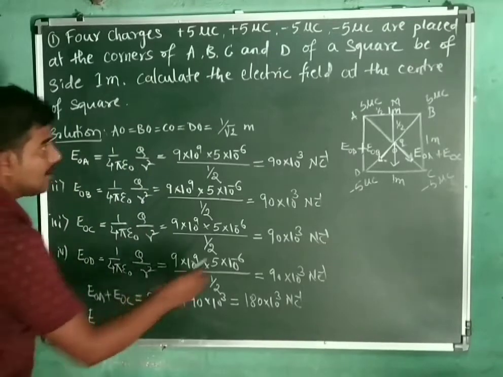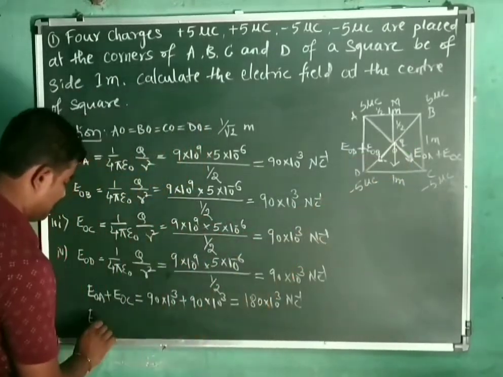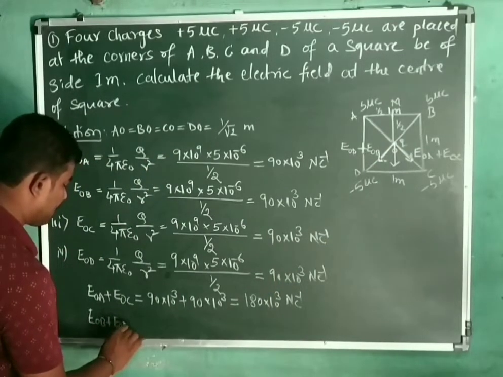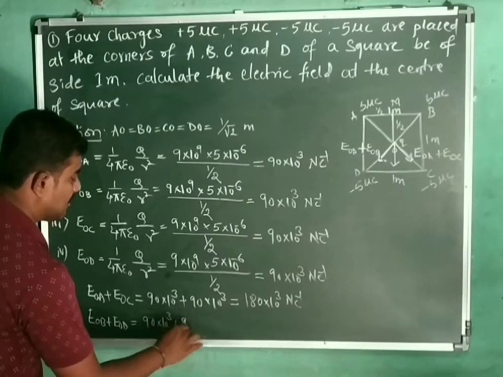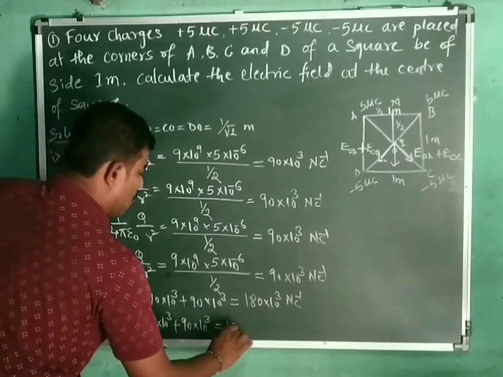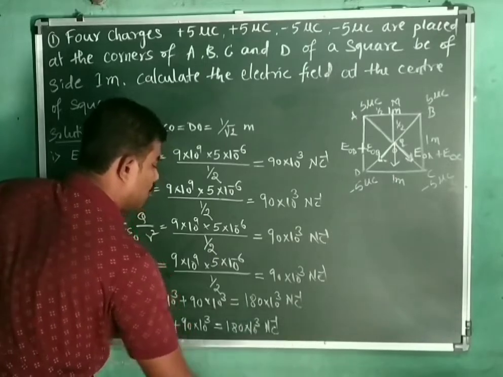Similarly, EOB and EOD are in the same direction. EOB plus EOD, they are 90 into 10 to the power 3 plus 90 into 10 to the power 3, is equal to 180 into 10 to the power 3 Newton per Coulomb.